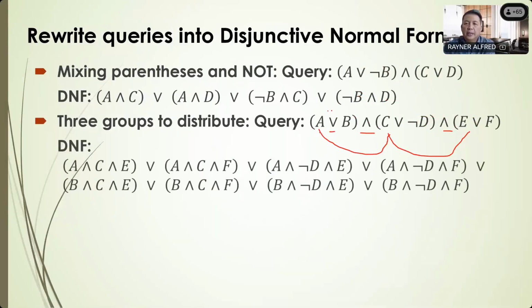So we have to follow the order so that we don't forget. So this is A, C, and F. And then A, D, and E. Okay. And so on. So you will have 8 components here.